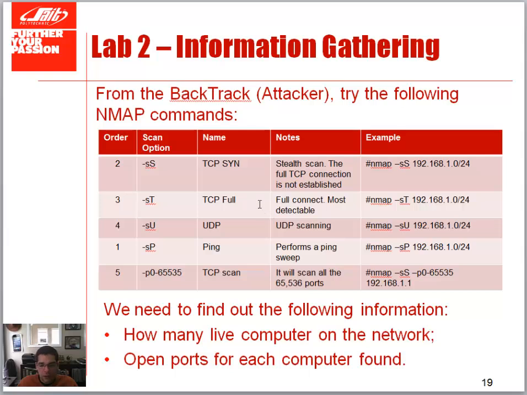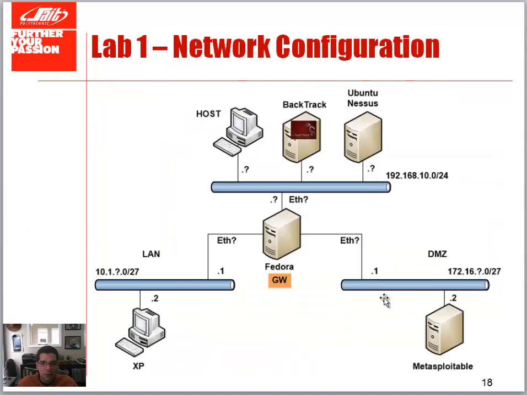Three, do a full TCP scan, which is a heavy scan. Do a UDP scan. Just follow the examples, you're not going to have any issues, just replacing the IPs based on what we have. Do it first with your real network, and after that on your environment. I want you to scan those two environments.